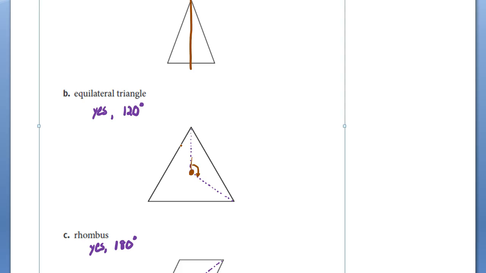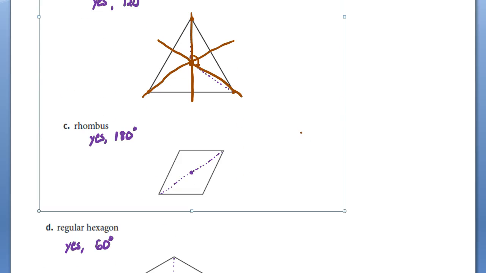If you rotate the triangle 120 degrees, that corner would land there, and that corner would land there, and that corner would land there, and the triangle would just look like it does now. So yes, it has rotational symmetry, a 120-degree rotation. Does it have any lines of symmetry? Yes, it does. Here is a line of symmetry, here is a line of symmetry, and here is a line of symmetry.